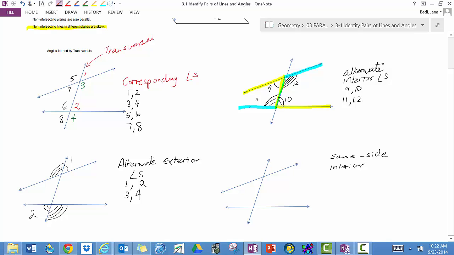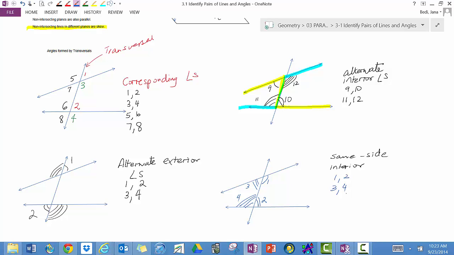Same side interior angles are on the same side of the transversal, and they're within the lines. So 1, 2, same side interior. 3, 4, same side interior.